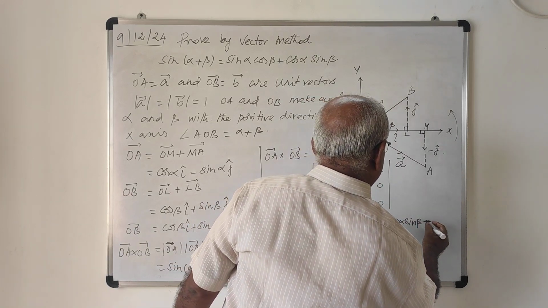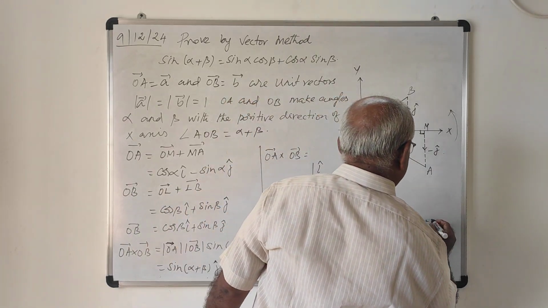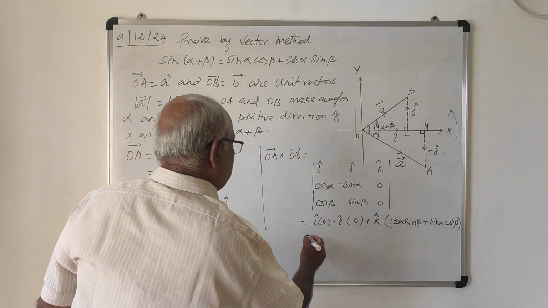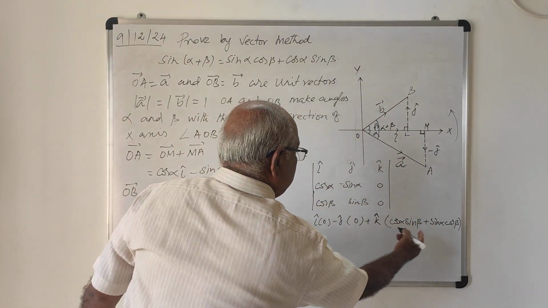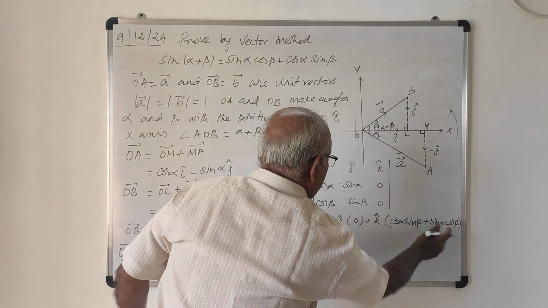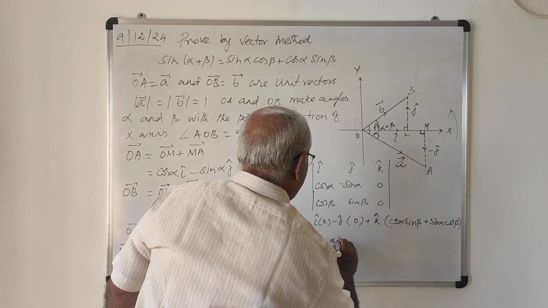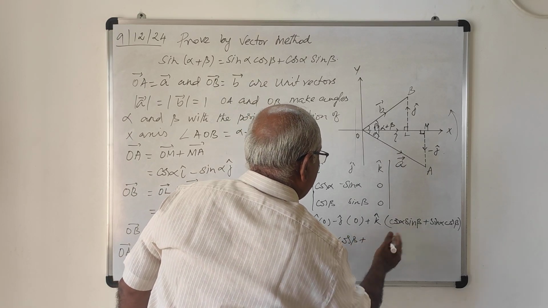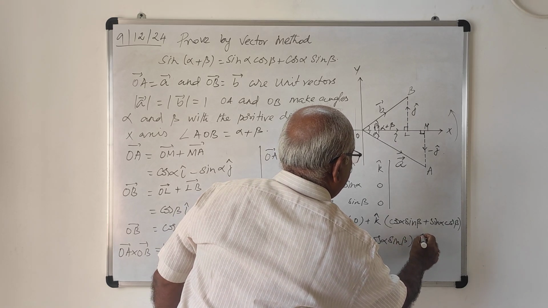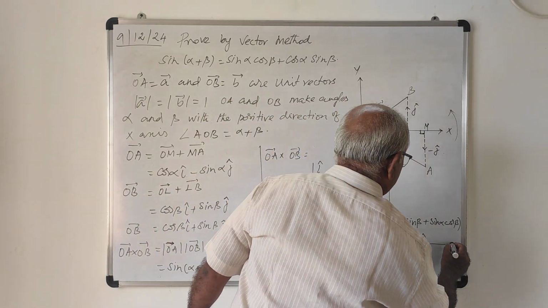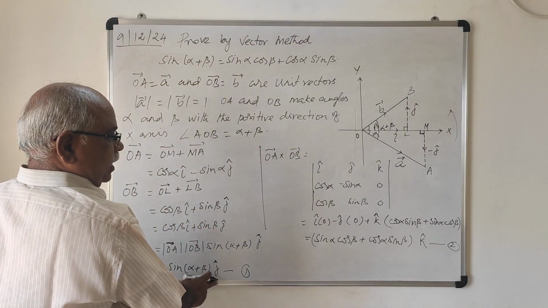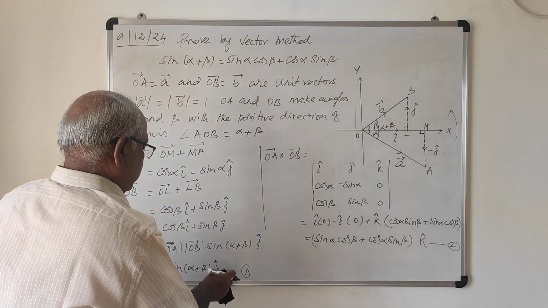That is simply sin alpha cos beta plus cos alpha sin beta into K.